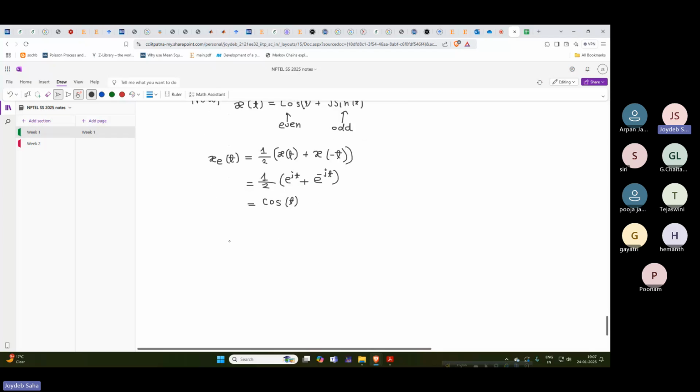And the odd part, we can break it into even and odd.